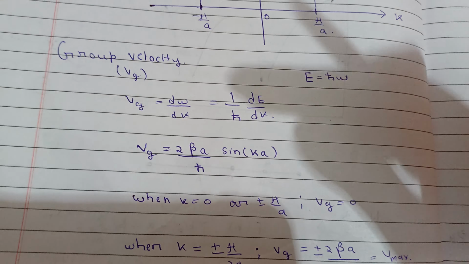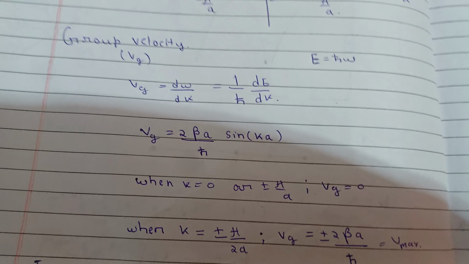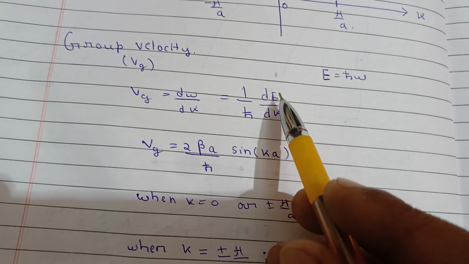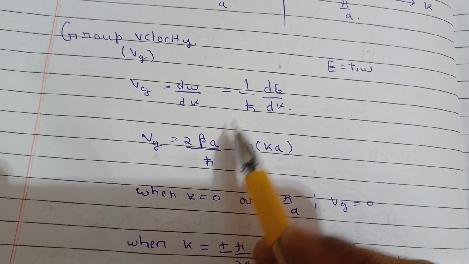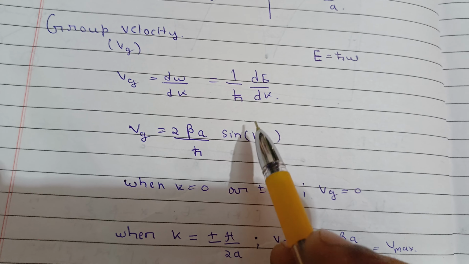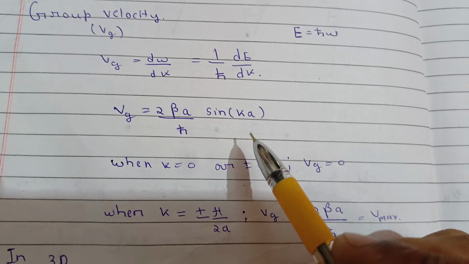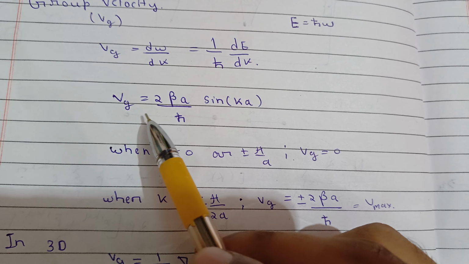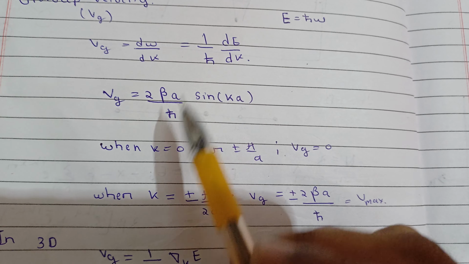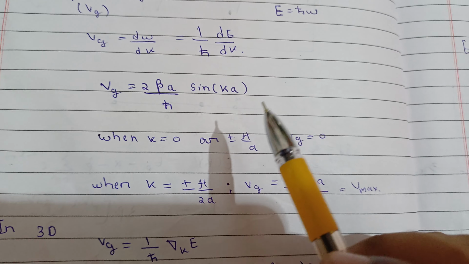Okay, so this is dE by dk, and 1 by h cut you will multiply, so you will get Vg in this form.